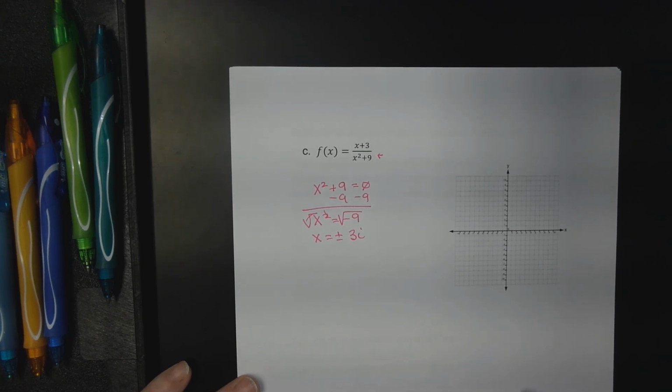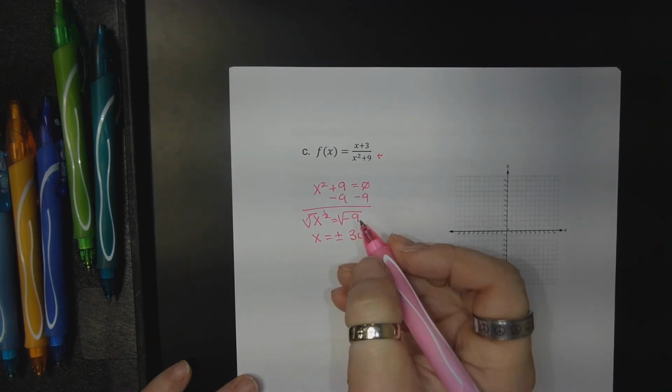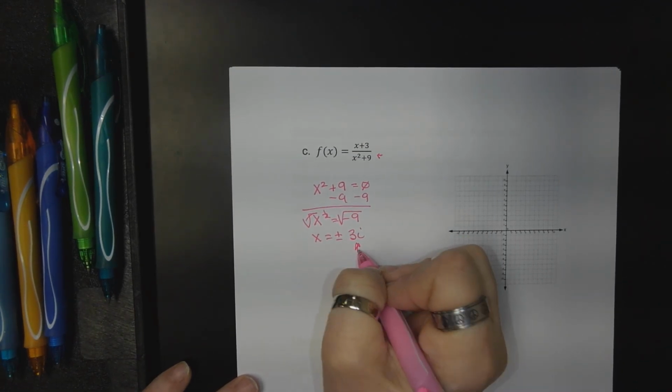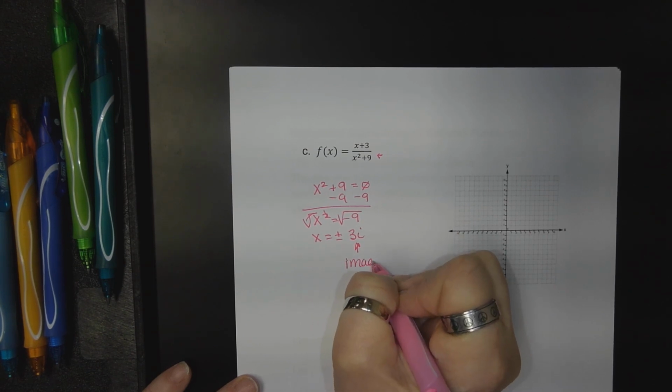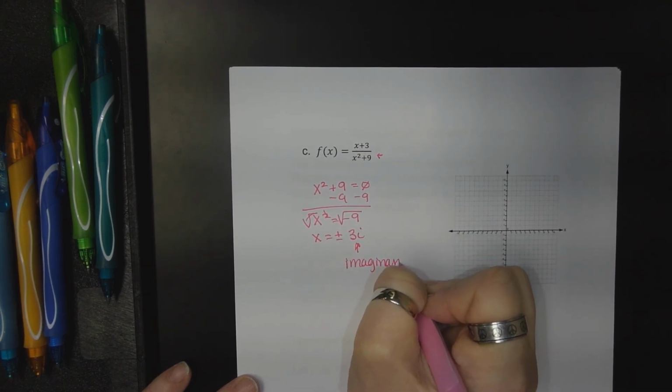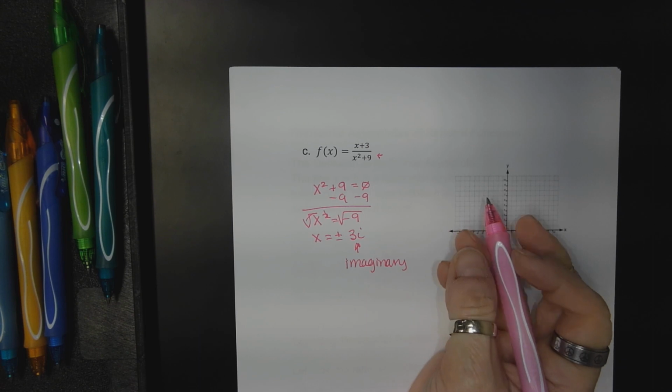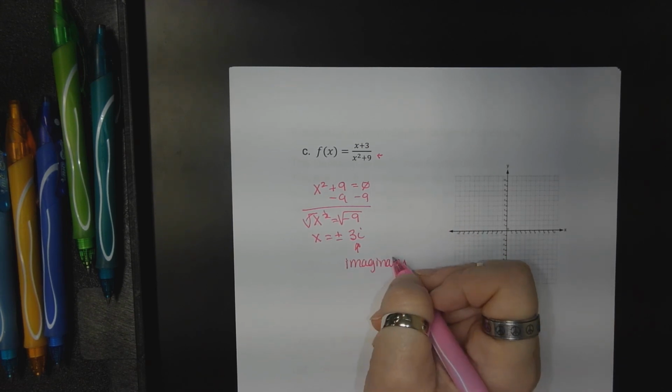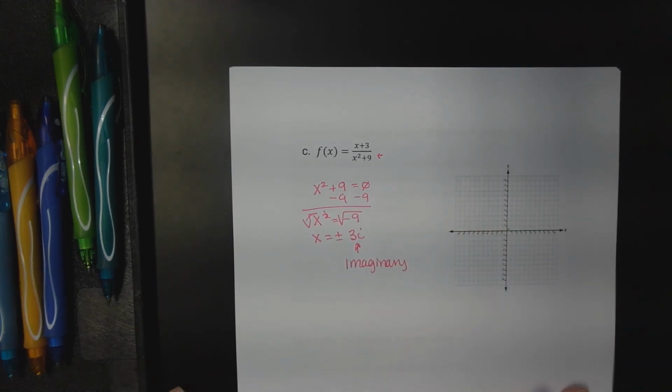This one, just like before, is imaginary. Where it's imaginary, there will be no vertical asymptotes.